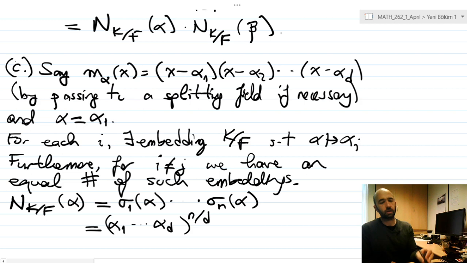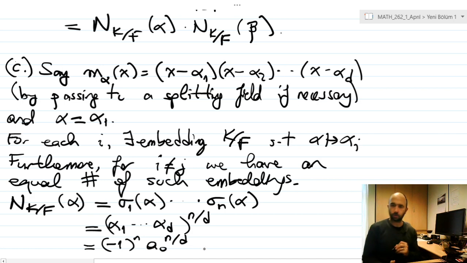But then if you compare this with the constant coefficient of the polynomial, you immediately get the result. Okay.